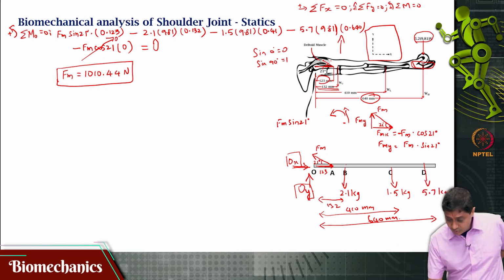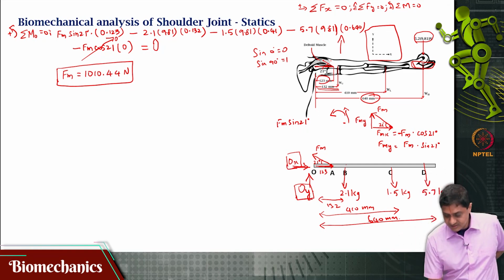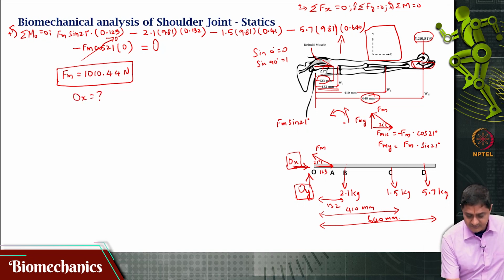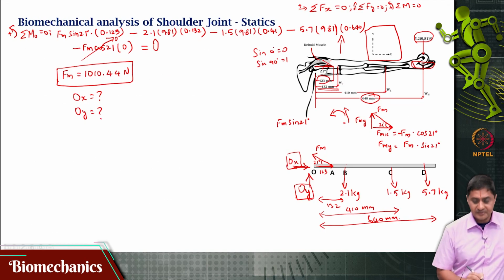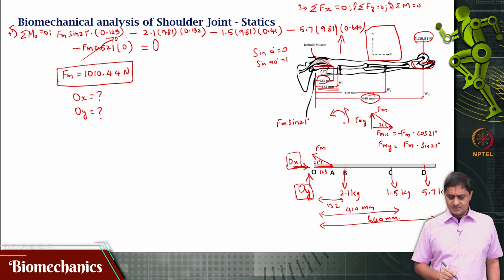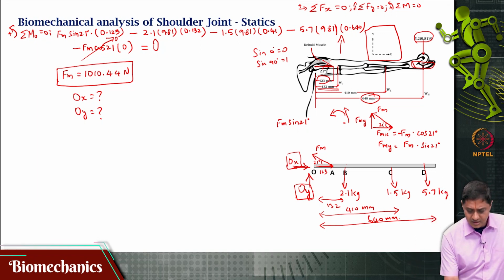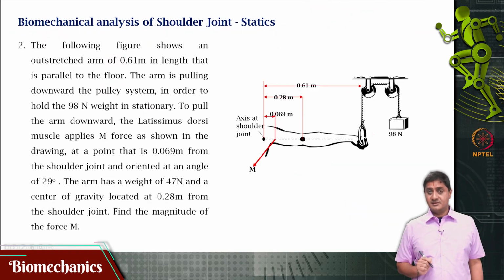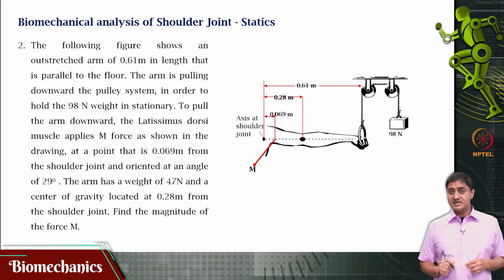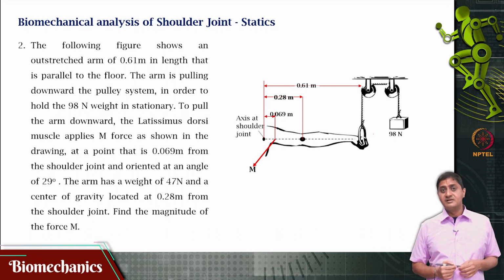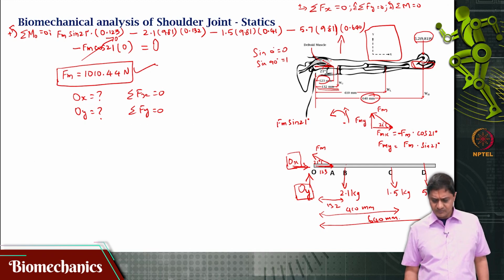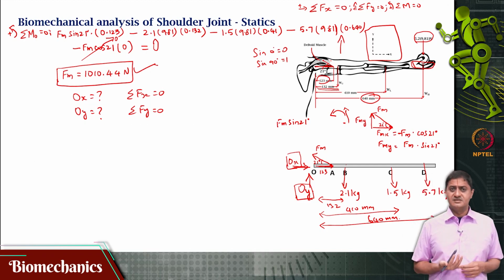Now, what is also not asked in the problem is what is Ox and what is Oy. I request you to go back and write out sigma Fx equal to 0 and sigma Fy equal to 0. Now that we know Fm, the x component and the y component of Fm are also known, because I wrote that the y component of Fm is Fm sin 21, and the x component of Fm is Fm cos 21.